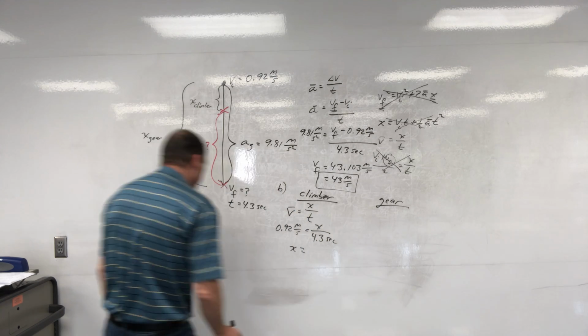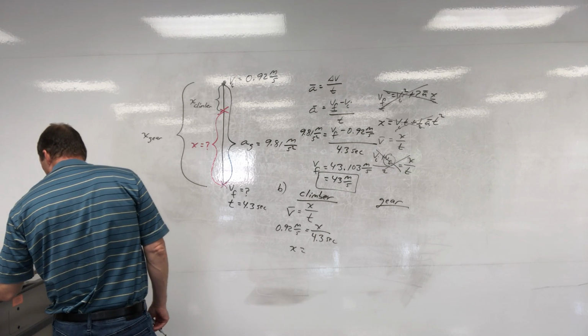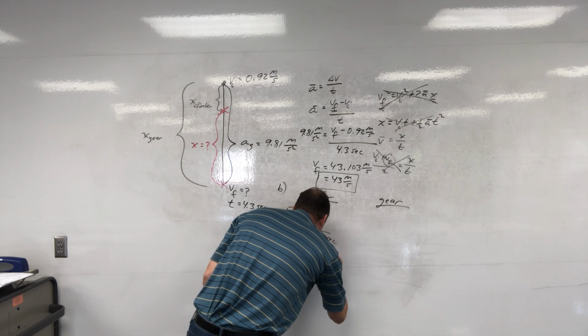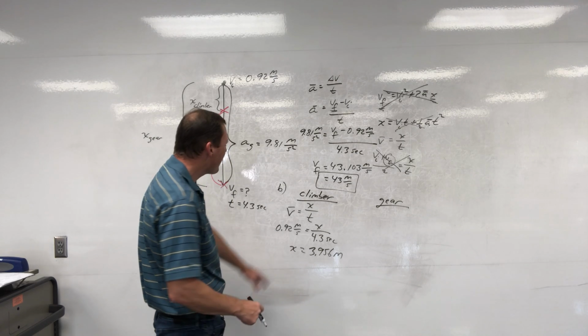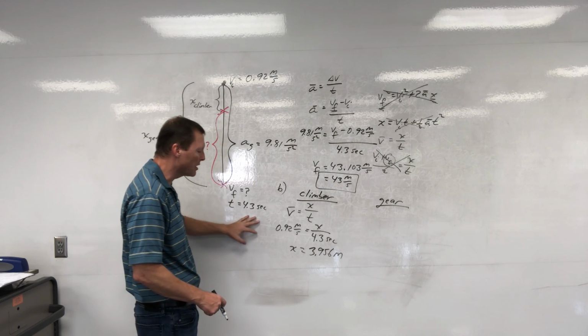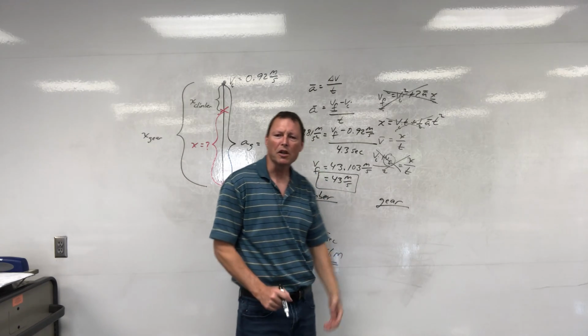So we do our multiplication and we end up with 3.956 meters. So that's how far the climber descends during that 4.3 seconds. I'm going to underline that so I can find it easily again.